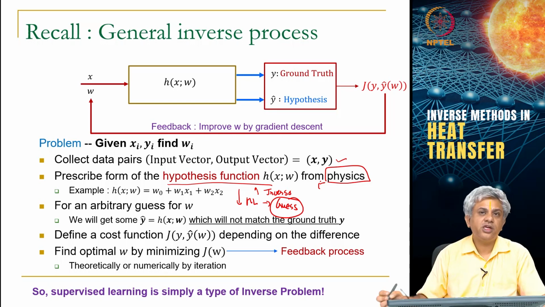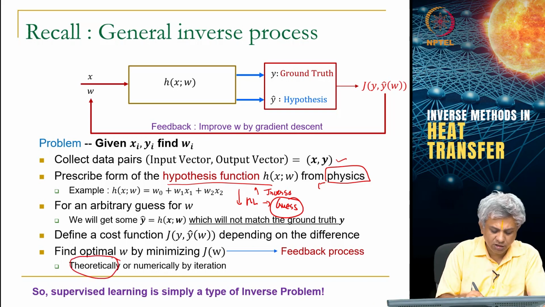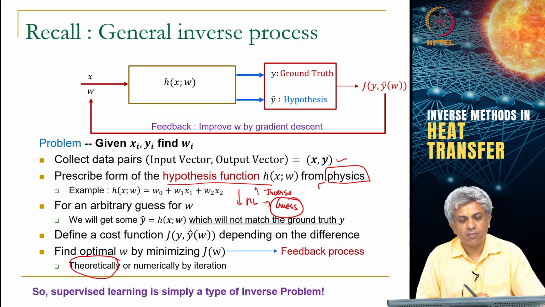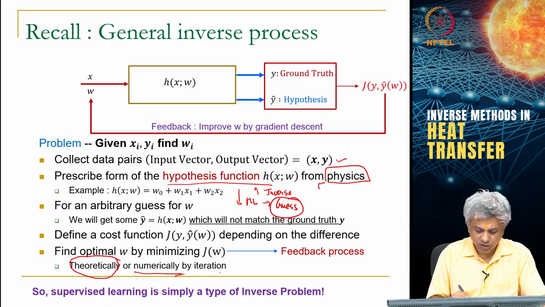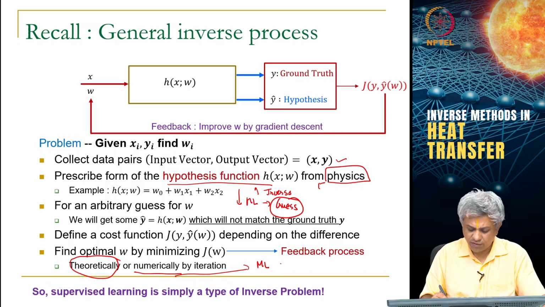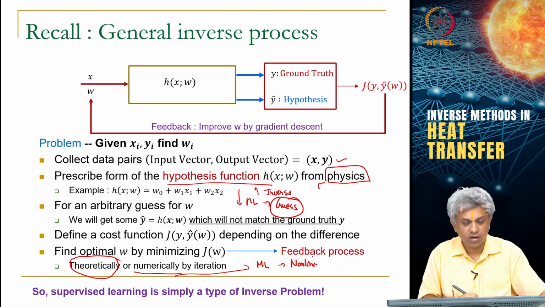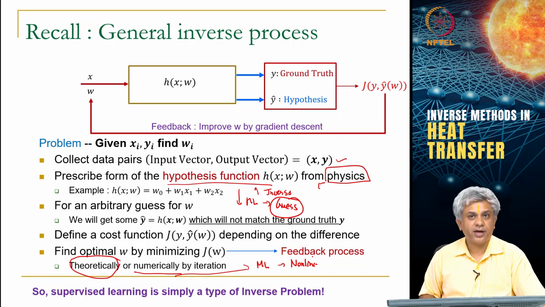Now, the other option instead of gradient descent was that we could do this optimization theoretically in the case of a general inverse problem, whereas in the case of machine learning you can only do it numerically. So, ML will usually always be non-linear. Generally it will be non-linear, and you can numerically obtain solutions only through iteration.